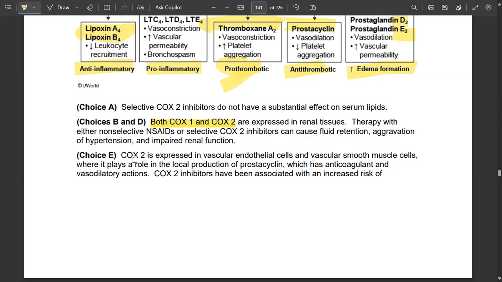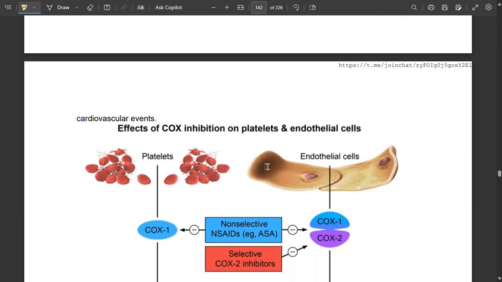COX-2 is expressed in vascular endothelial cells and vascular smooth muscle cells, where it plays a role in local production of prostacyclin. Prostacyclins are produced via the COX-2 pathway and have anticoagulant and vasodilator actions, and COX-2 inhibitors have been associated with an increased risk of cardiovascular effects.